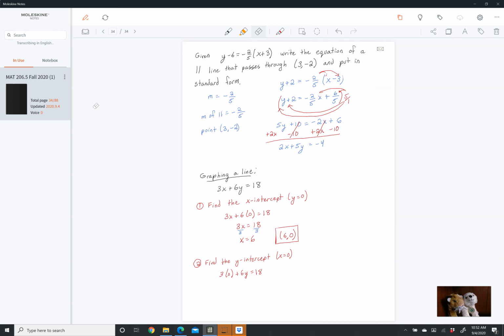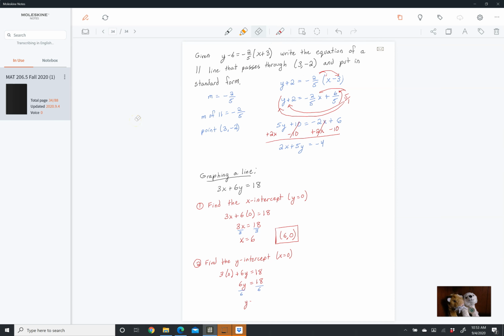And again, you can skip one of these two steps. You get 6y equals 18. You don't have to skip these steps. And we know that we divide both sides by 6 to get y by itself, which gives us y equals 3.